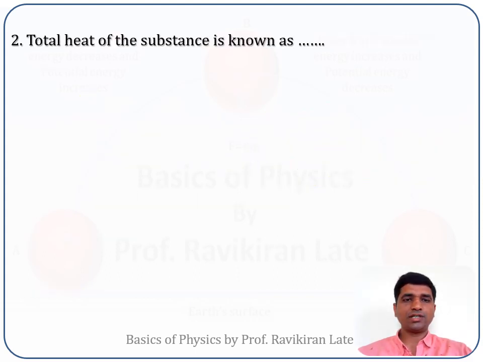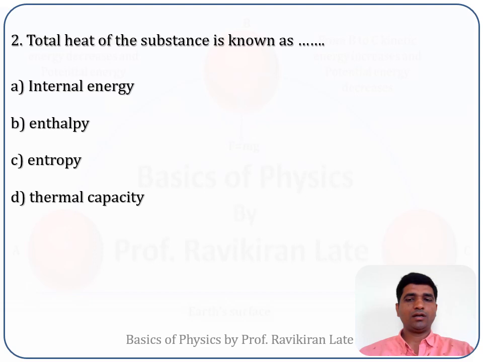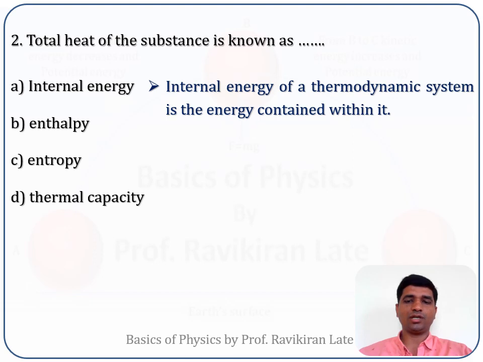The second multiple choice question is: total heat of the substance is known as, option A, internal energy; option B, enthalpy; option C, entropy; option D, thermal capacity. Now, these are the four parameters given here, so we will look at each of them.